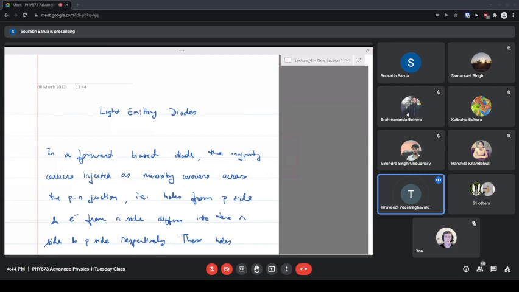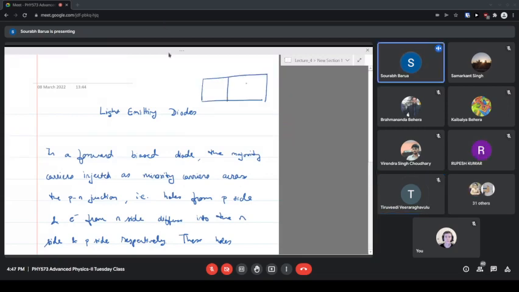Okay. So this is your PN junction, okay? So this is the depletion region. This is the junction. This is P, this is N, okay? So in the P side region, holes are the majority carriers.